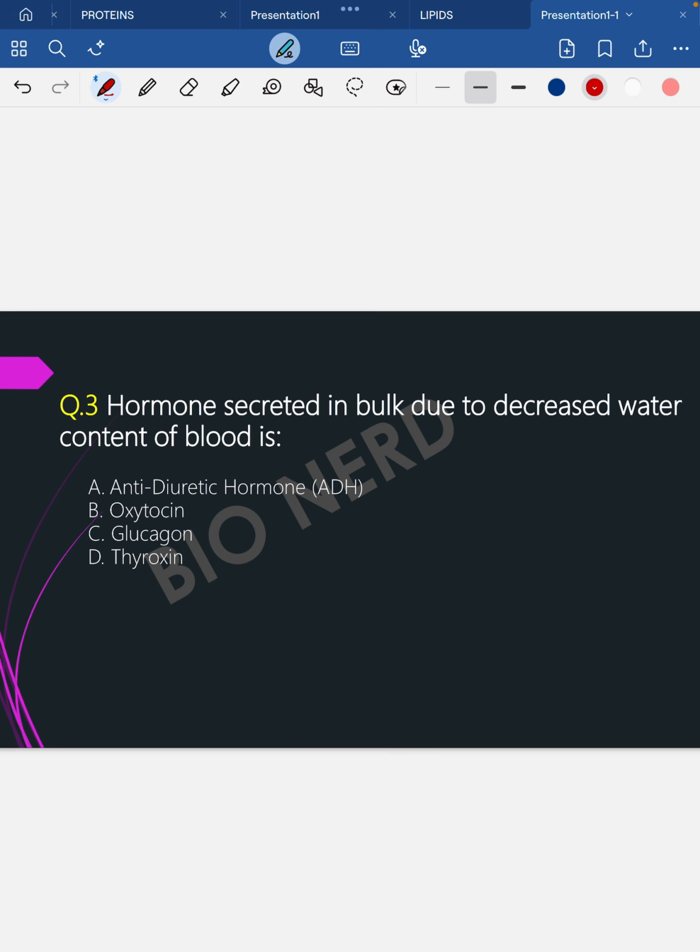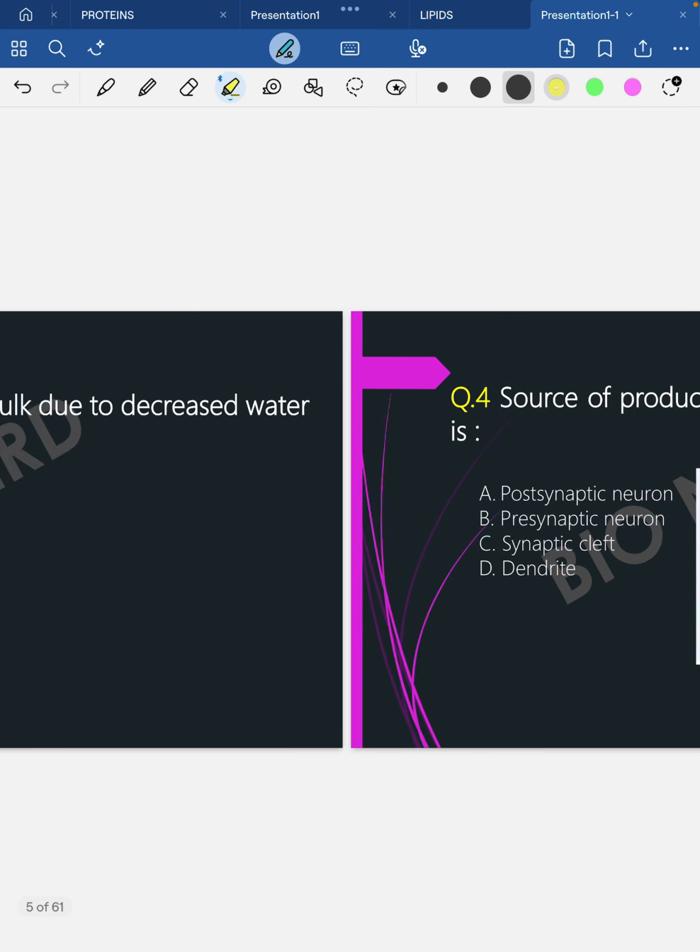So low blood volume or low water content in blood will stimulate the hypothalamus, and hypothalamus will stimulate the posterior lobe of the pituitary gland, and the posterior lobe will secrete a hormone that is antidiuretic hormone, and this antidiuretic hormone will act upon the kidney in the nephron, specifically the collecting duct or the DCT, and causes the reabsorption of water. Okay, so the right option will be alpha.